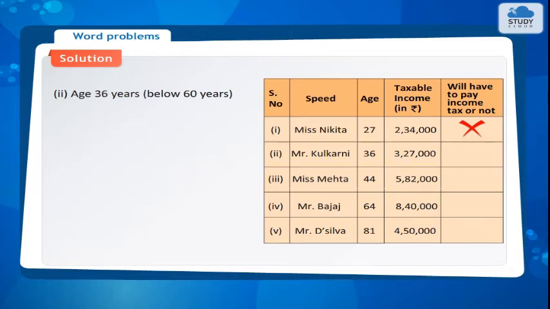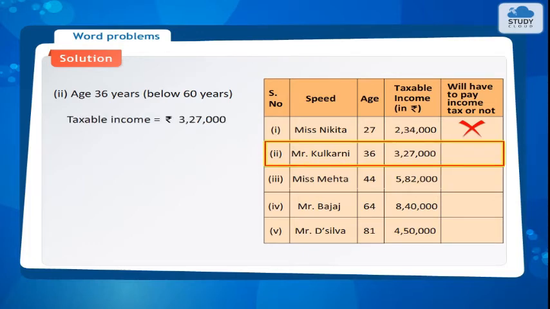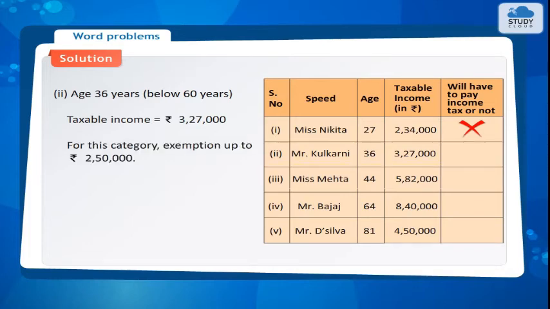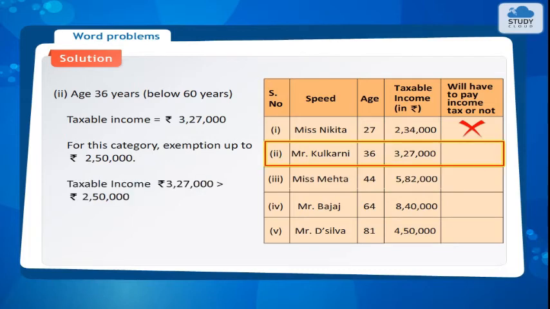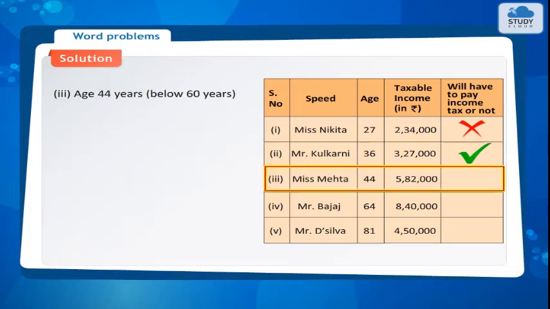2. Age 36 years, below 60 years. Taxable income is equal to Rs 3,27,000. For this category, exemption up to Rs 2,50,000. Taxable income Rs 3,27,000 is greater than Rs 2,50,000. Therefore, Mr. Kulkarni will have to pay income tax. 3.